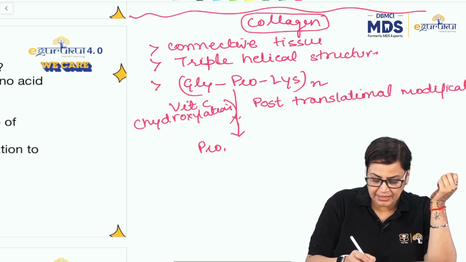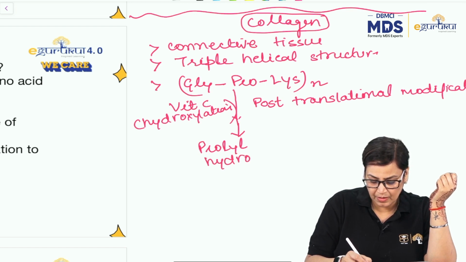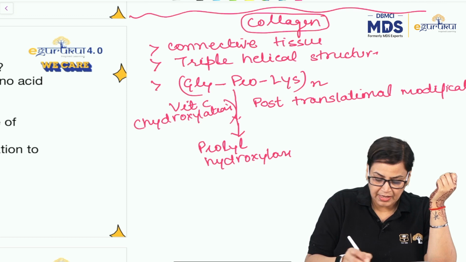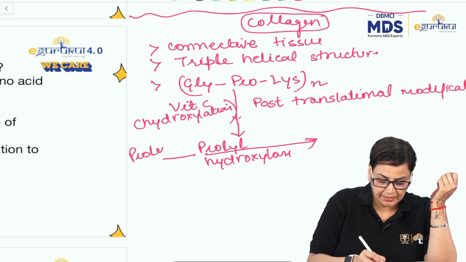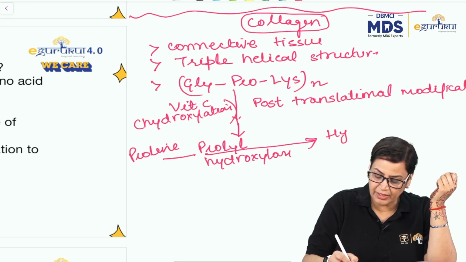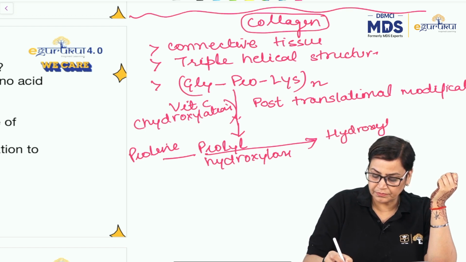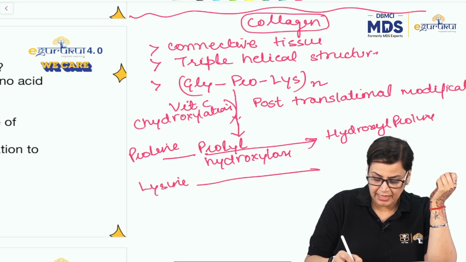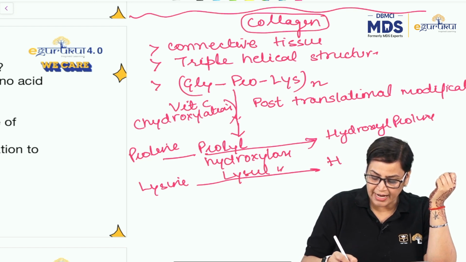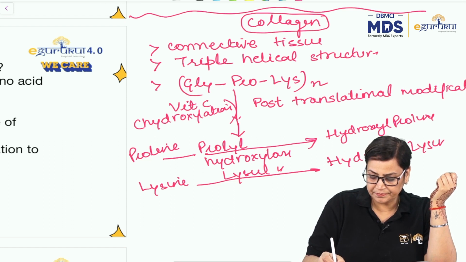The enzyme is prolyl hydroxylase, which converts this proline into hydroxyproline, and lysine, in the presence of lysyl hydroxylase, forms hydroxylysine.